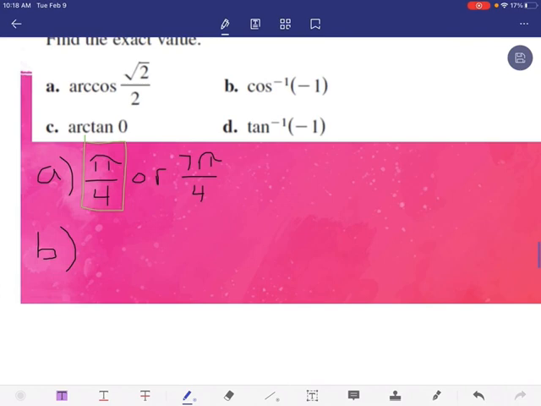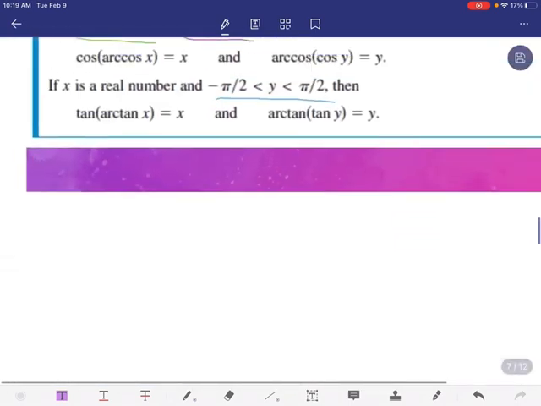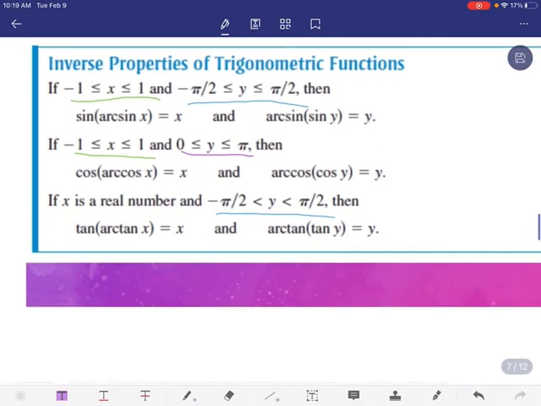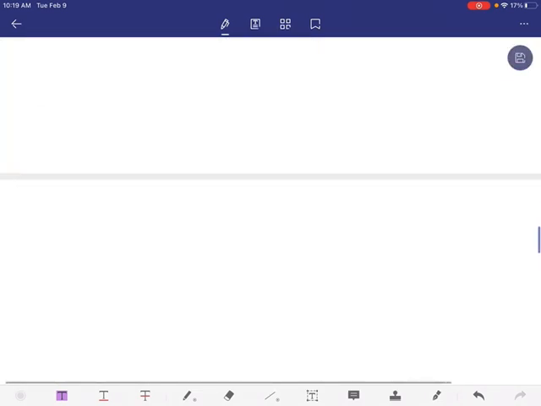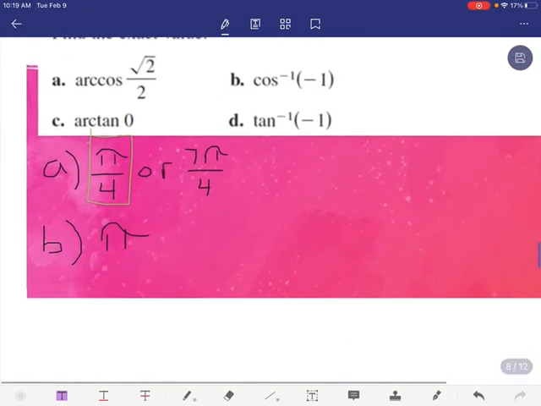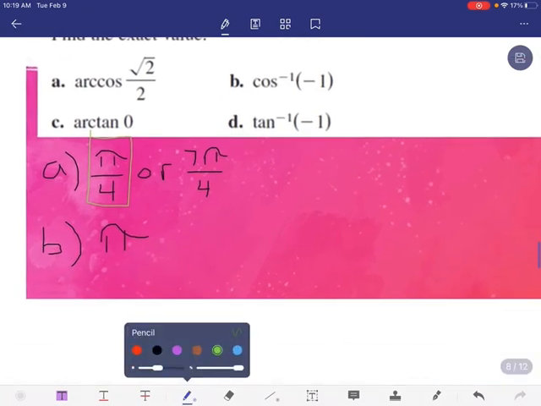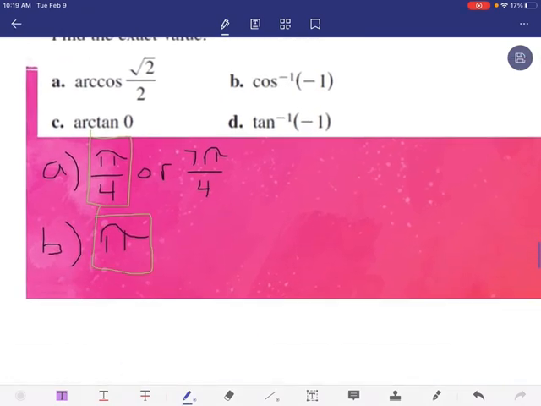And then we know that halfway in between is our minimum, which is -1, and that occurs at pi. And again, we go back and check our interval. Our interval is 0 is less than or equal to y is less than or equal to pi. So we're okay to be equal to pi, and so that would be our answer.